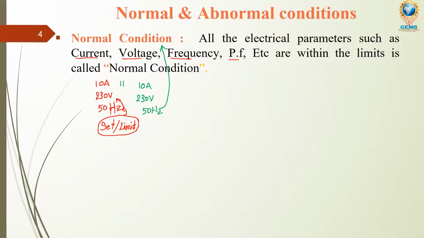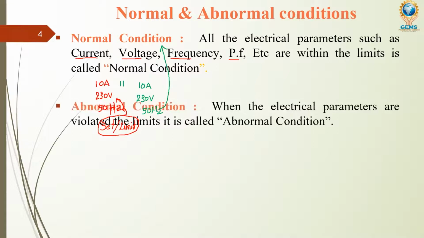Next, abnormal means when the electrical parameters violate the limits, it is called abnormal condition.